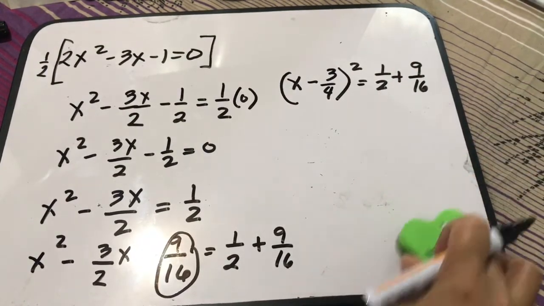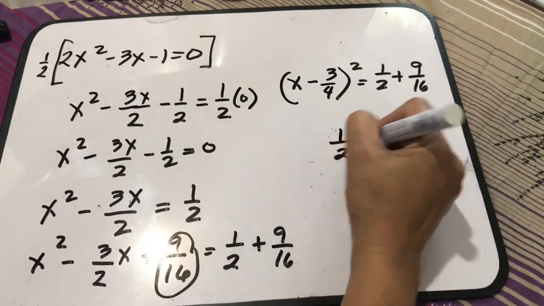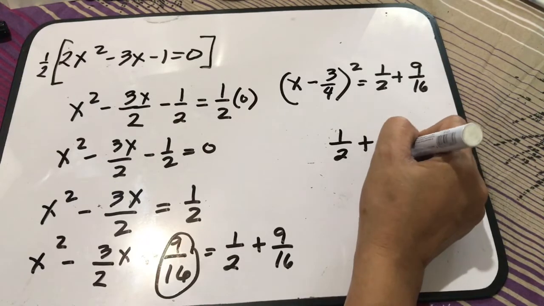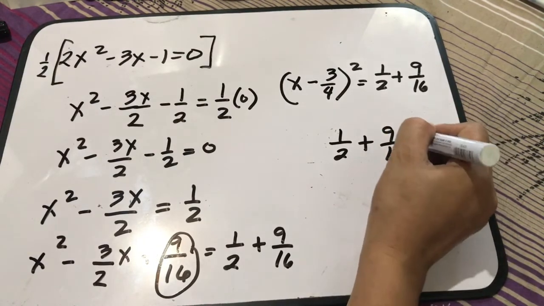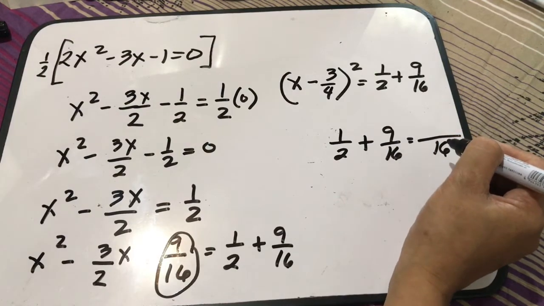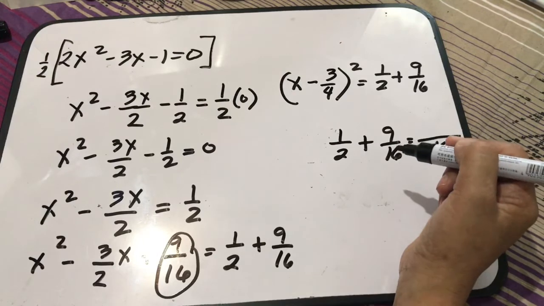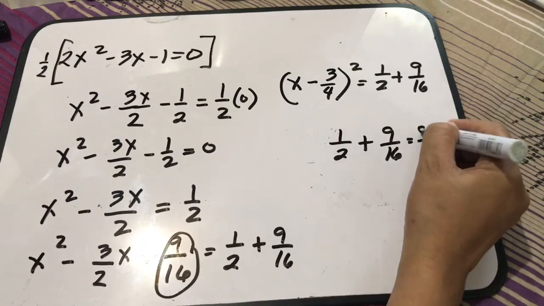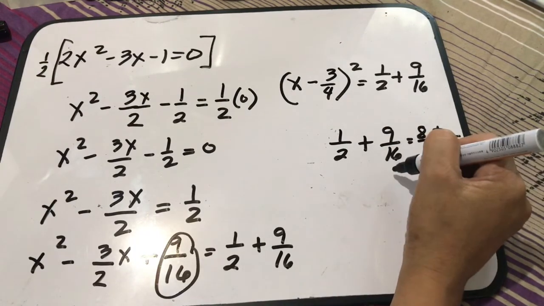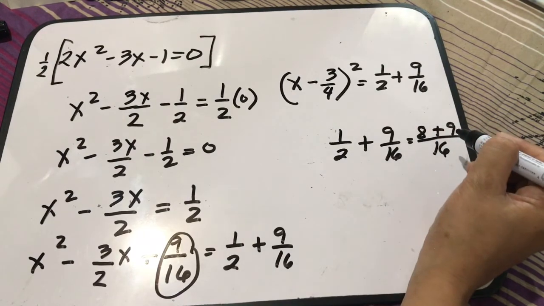Now, this is addition of fractions. So, 1/2 plus 9 over 16 is equal to, again, find the least common denominator, and that is 16. So, 16 divided by 2 is 8. 8 times 1 is 8. Plus 16 divided by 16 is 1, times 9 is 9.